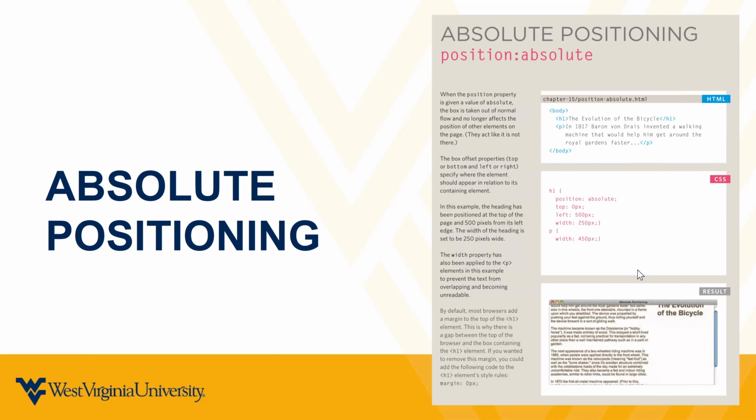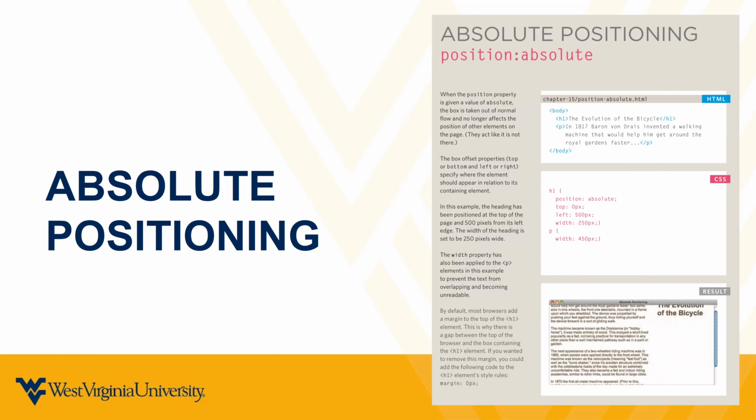So absolute, let's see. It looks like it's not affecting the other elements. As you can see, the evolution of the bicycle at the top in HTML is within the body. With normal flow, the header H1 would be on top of those paragraphs, like I said, it goes vertical.